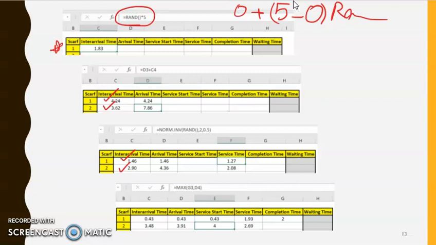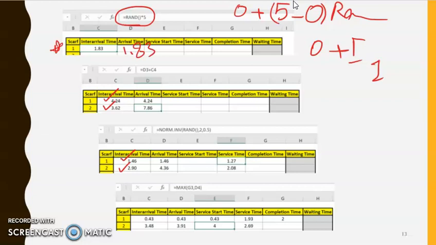Another thing that we have is arrival time. Okay, my friends, if inter-arrival time for the first scarf is 1.83, what would be the arrival time? According to the formula we did today, and you can go and check all of them, it is 0 plus inter-arrival time for 1. So we have 0, so arrival time here would be 1.83.